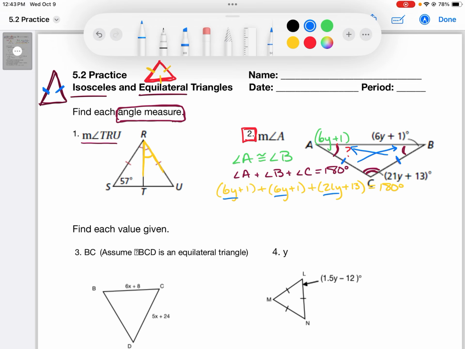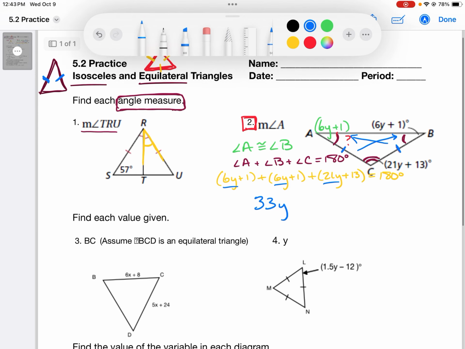And so what I can do on this side is combine like terms. I've got 6 y's, 6 more y's, that's 12, 21 more y's, that's 33 y's from combining like terms right there.